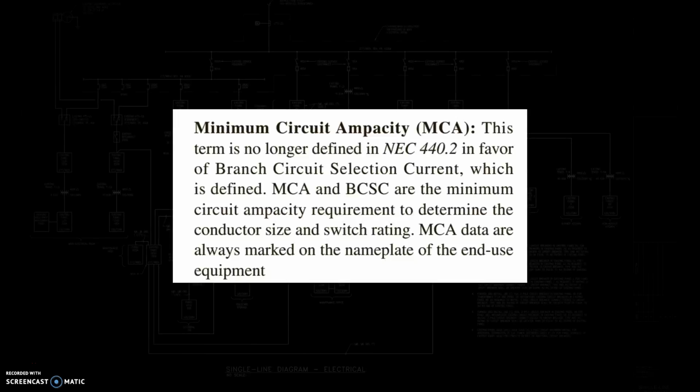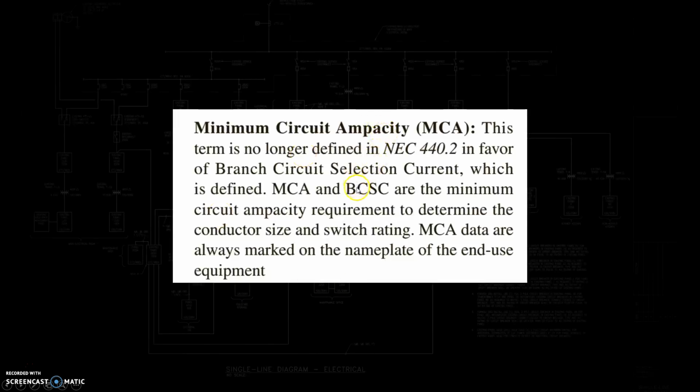If you look on a piece of heating equipment, they should have on that nameplate MCA, which stands for minimum circuit ampacity. What that tells you is your circuit must be sized to this minimum. In other words, your wires must be able to handle that size, whatever the amperage is in the MCA. So that's how you size your wiring.